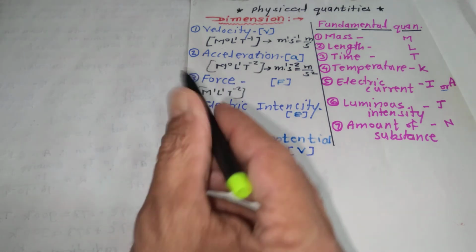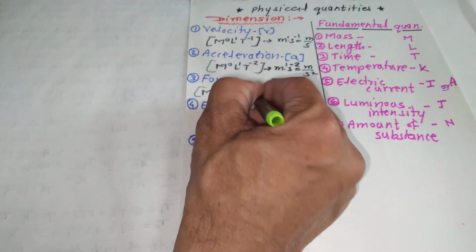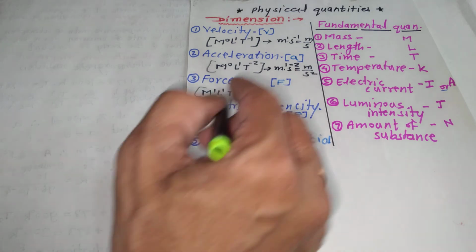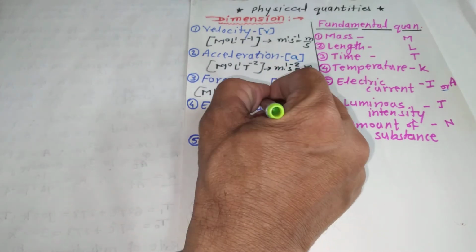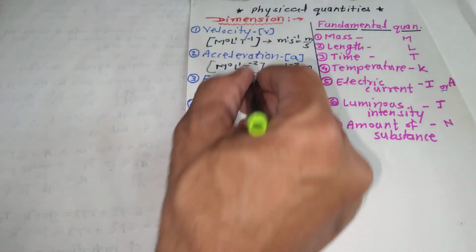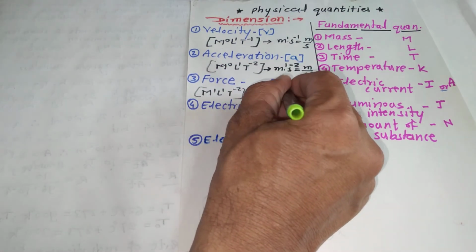And in another way, I can obtain the unit of this force also. M raised to 1, mass. Mass is measured in terms of kilogram, means kilogram raised to 1. L raised to 1, length. Length is measured in terms of meter. Meter raised to 1.